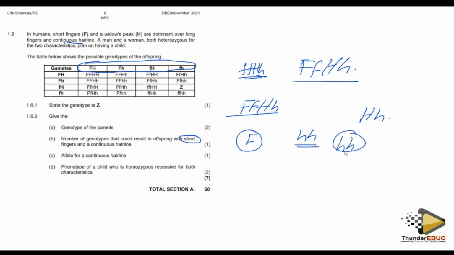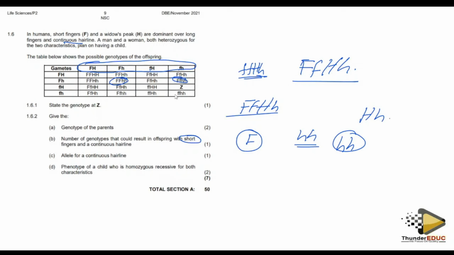So I'm going to look for where there is a small letter, and also I'm going to look for where there is a capital F. So once I get that, then automatically I'll be able to identify how many individuals are there. So I'm going to say capital F, small h. This is the first individual. This is the second individual.